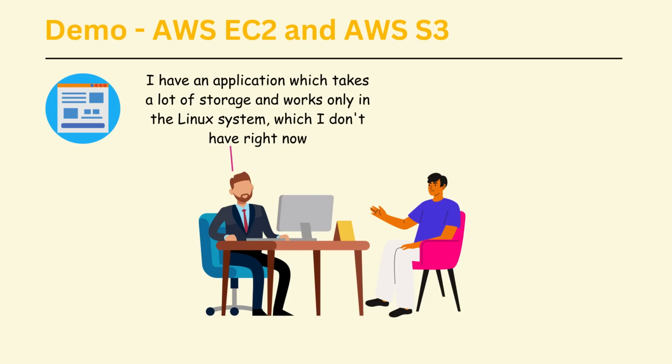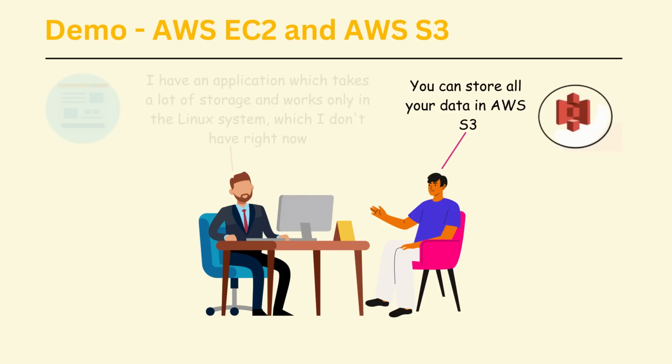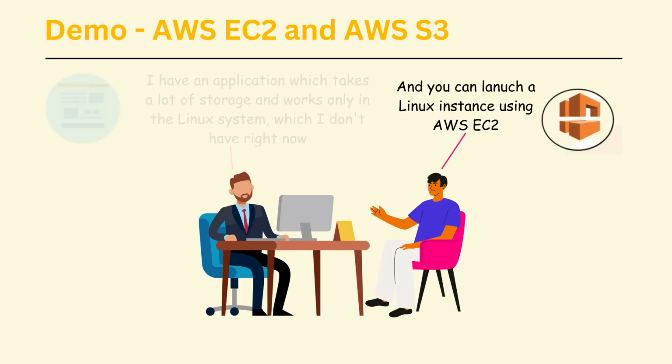Here are two IT professionals talking to each other. One says, I have an application which takes a lot of storage and works only on a Linux system, which I do not have at the moment. The other one is a smart guy, and he immediately replies that he could use S3 to store and retrieve data and use EC2 for all his compute needs.